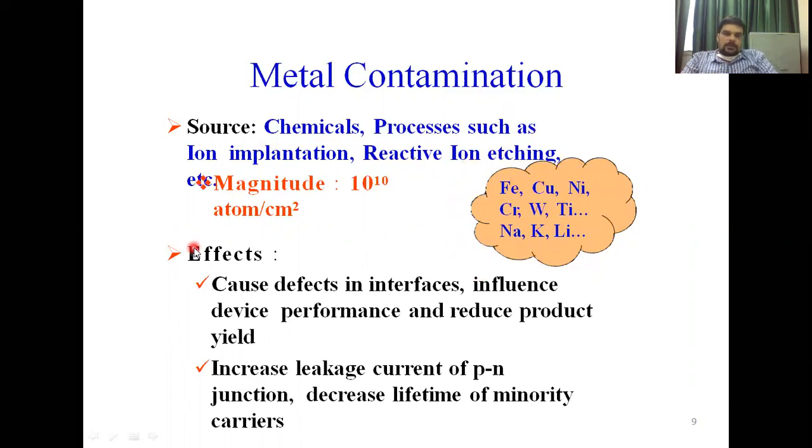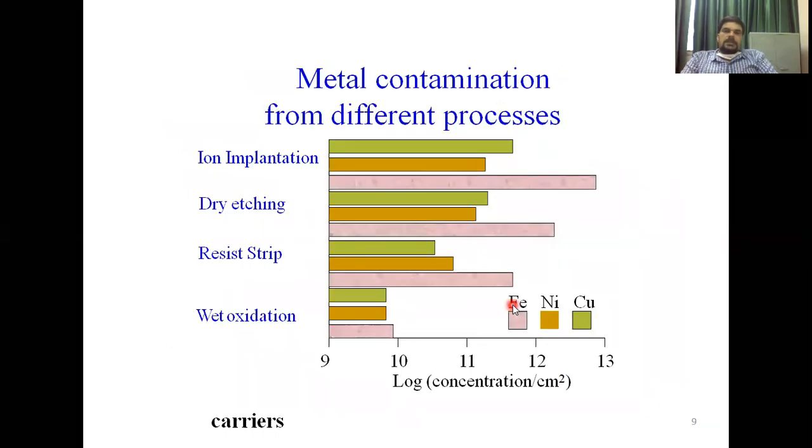So what are the effects of metal contaminations? These cause defects in the interfaces, influence device performance, and reduce productivity. These also include the leakage current of the PN junction. As the leakage current increases, the lifetime of the minority carrier decreases.